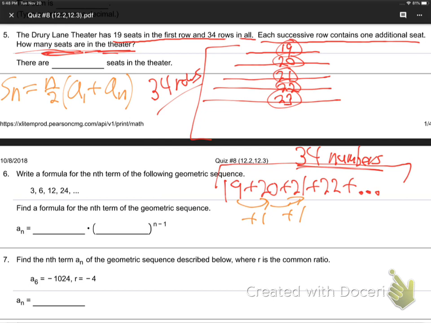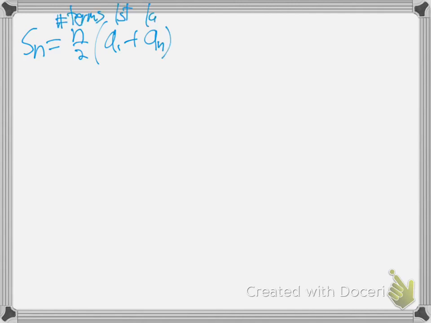So this is the number of terms, first term, last term. So what's the number of terms? Let me go to a fresh screen here. So we have S sub n, n over 2, a1, an, number of terms, first term, last term, and we're adding up the numbers 19, 20, 21.